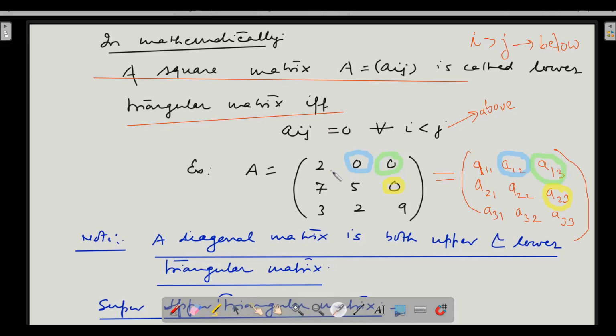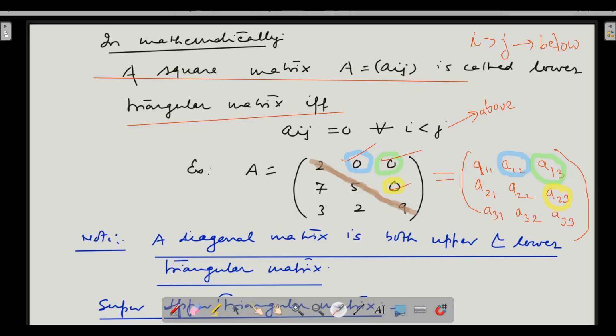So in this manner, how to mention this in words? In words we can say that all the elements above the principal diagonal are equal to 0. These three elements which I have shown are elements above the principal diagonal.